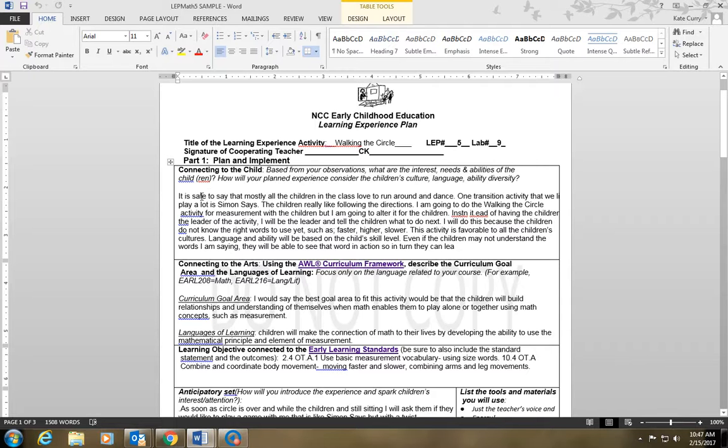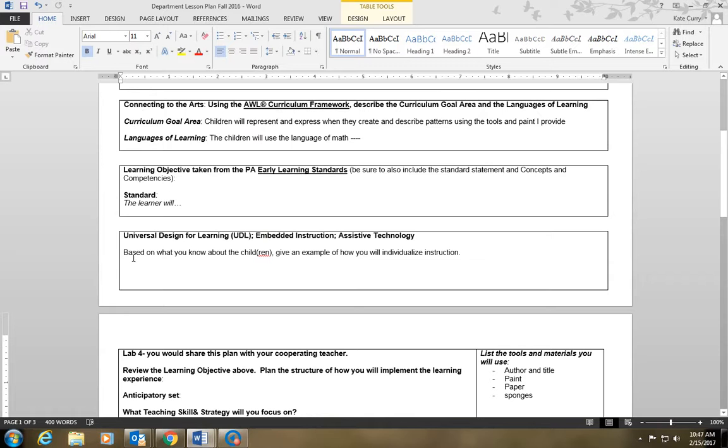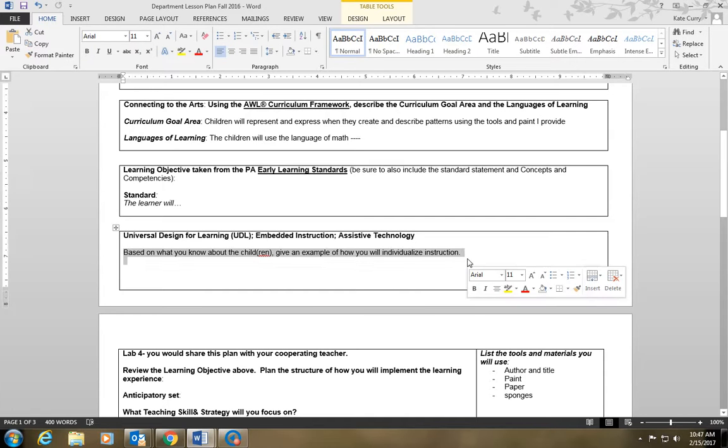In this one, the observation is talking a little bit more about this CLAD piece because this is a little bit older learning experience plan. In your experience plan that you're working on, that question is just separated. So here's where you talk about how you'd include all different children of backgrounds and cultures, okay?